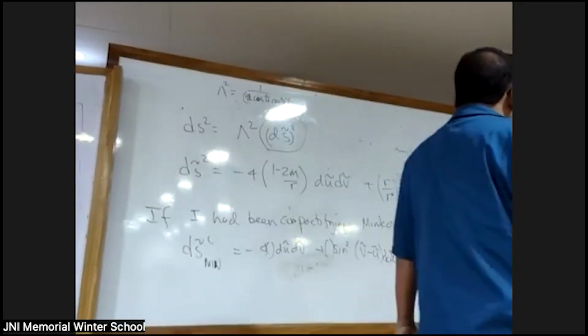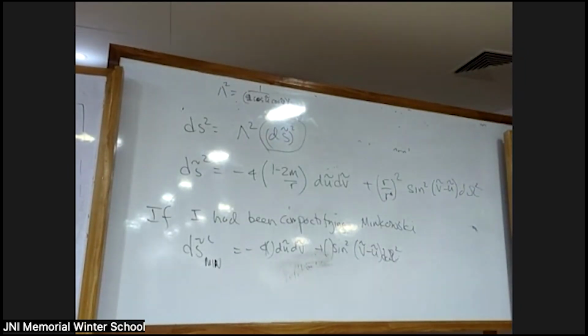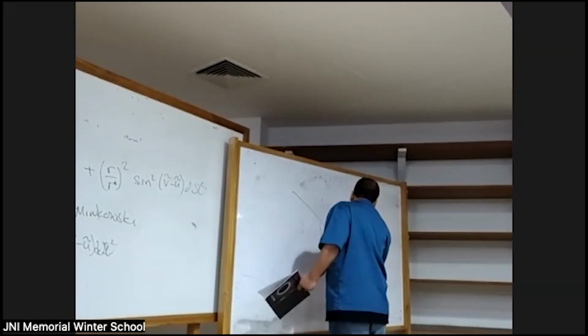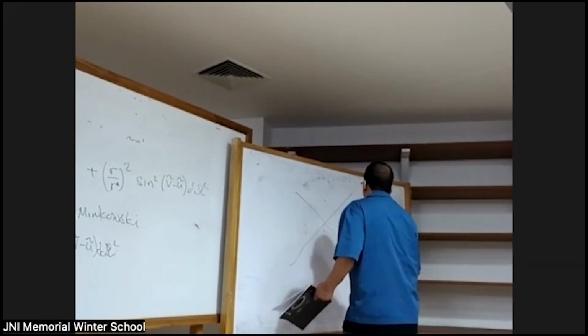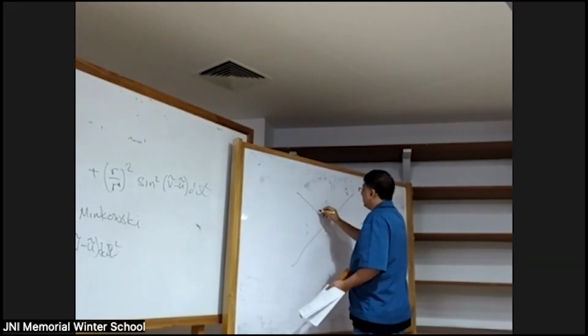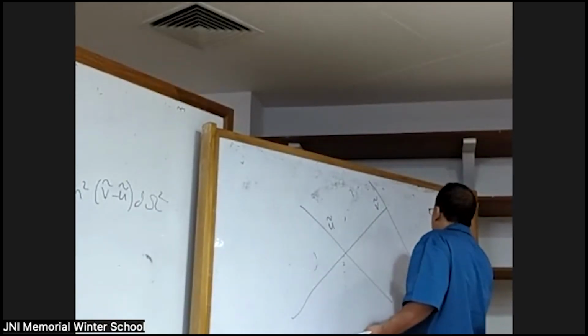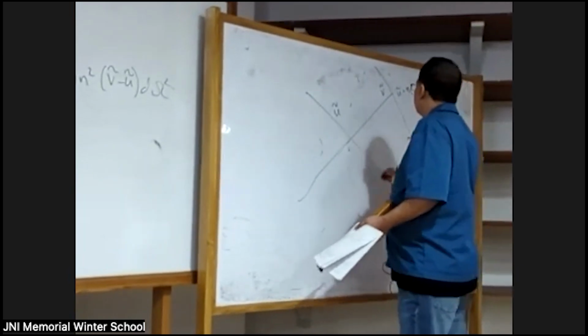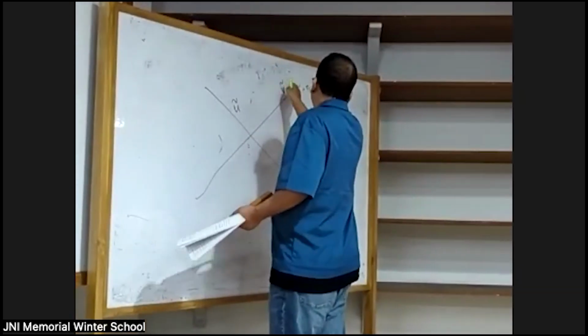Now what does this look like? This is what the actual Penrose diagram looks like. So here, this is v tilde, this is u tilde. This is u tilde is equal to pi over 2. It cuts off here.